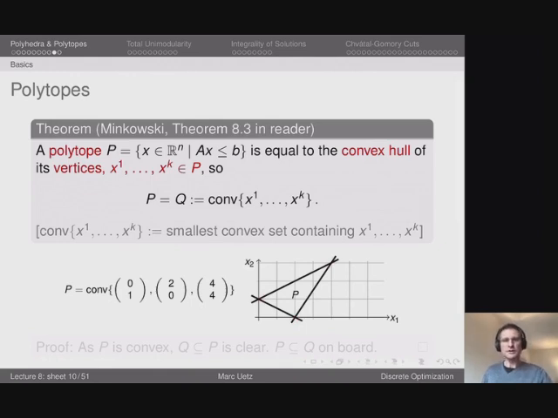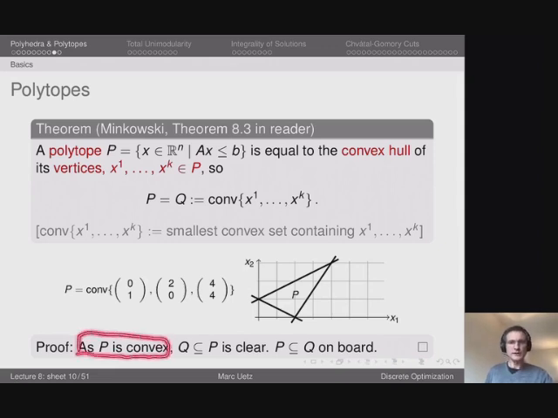So intuitively, this theorem makes perfect sense, but also it has a formal proof, which we can now write down. And it's about the containment of two sets in each other, right? So P is equal to Q. So one direction is simple. First of all, P, the polytope, is a convex set by definition because it's the intersection of a finite number of half spaces, okay?